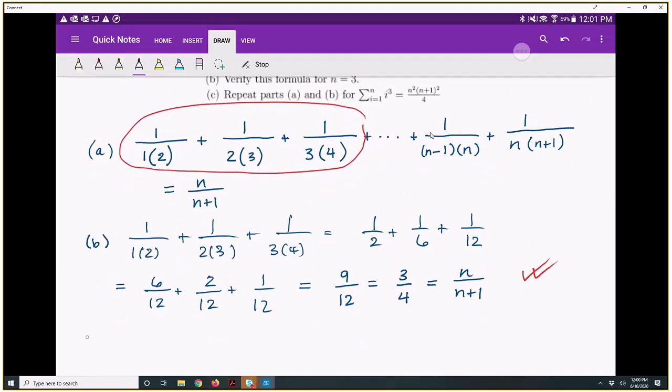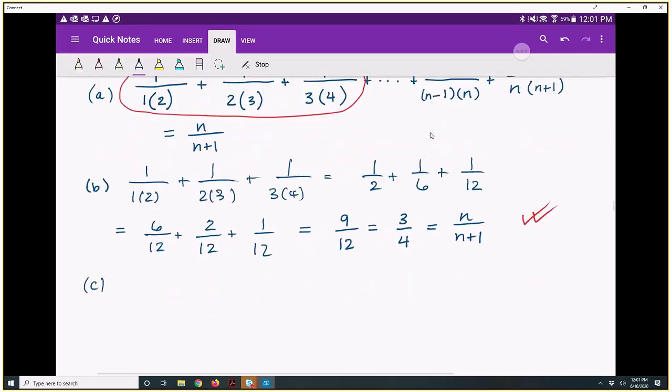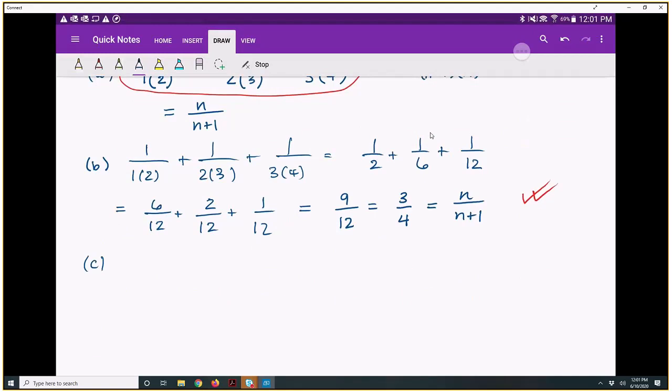C says repeat parts A and B for the sum, I from 1 to n, of I cubed. So the sum from 1 to n of I cubed should be 1 cubed plus 2 cubed plus 3 cubed plus 4 cubed and so on until we get to n minus 1 cubed plus n cubed.